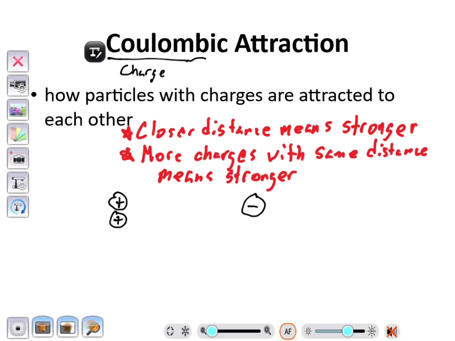Okay. Questions on Coulombic attraction here?